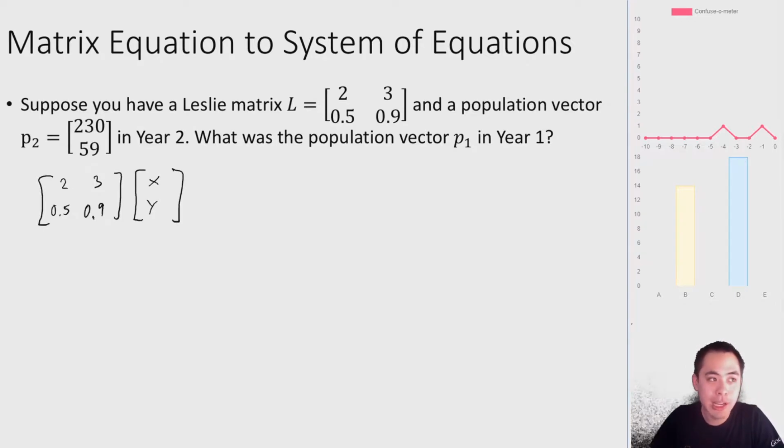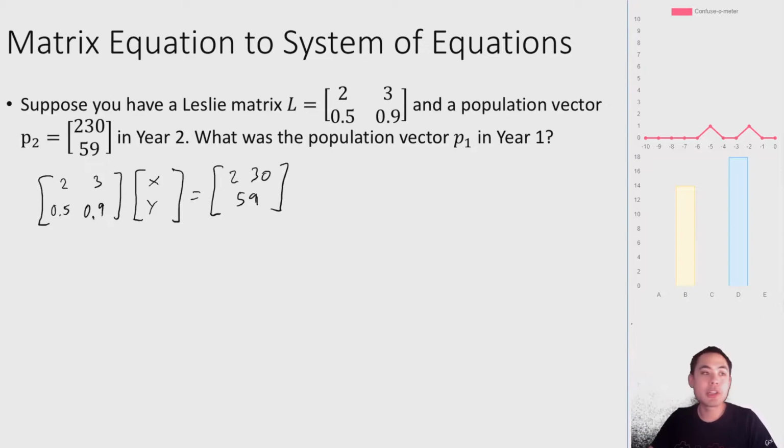Let's call this x and y. And we know that this is equal to 230, 59, right? And so x and y are arbitrary. And this here is L, this here is P2, which we know, and this here we're going to call P1, and we don't know what P1 is.